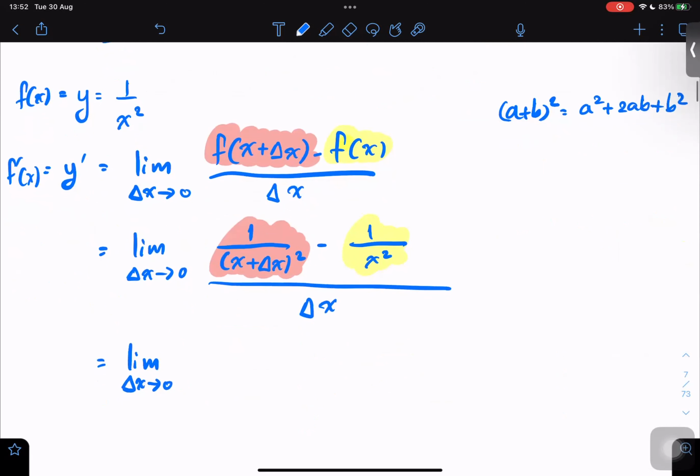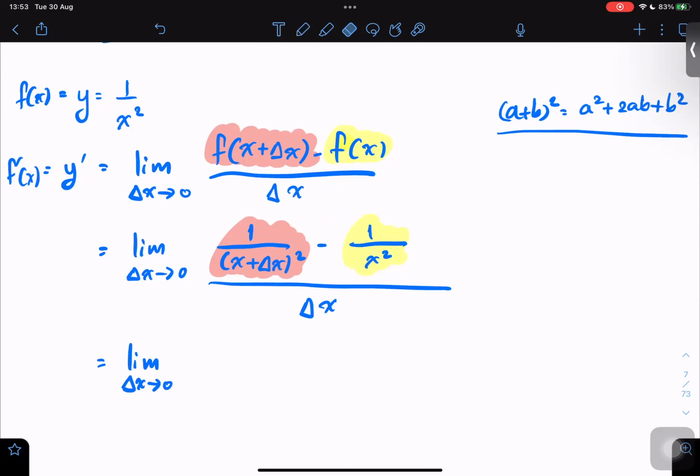Okay, so first, before I use this formula, I'm going to combine these two fractions into one. How am I going to do it?